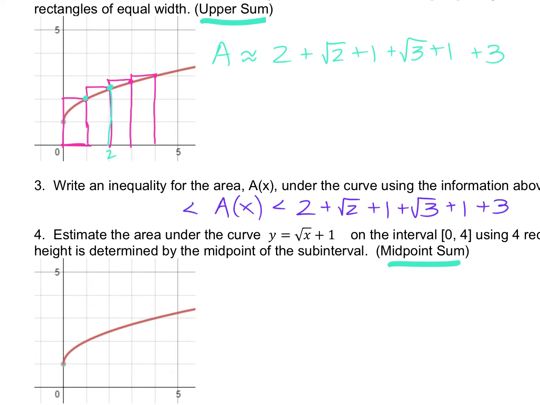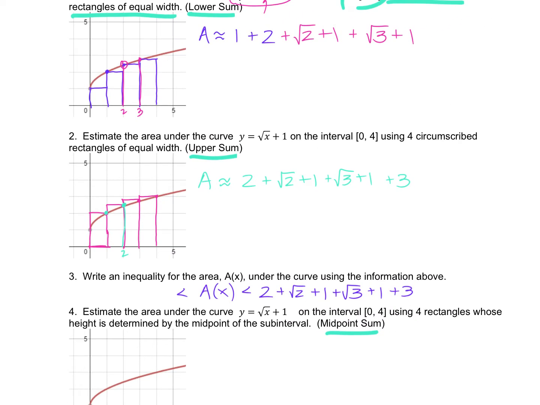I'm just using what we wrote for our answers here. Ran out of room there. But the first area is lower, the second area is higher. So the more accurately we can estimate this, the better, right?